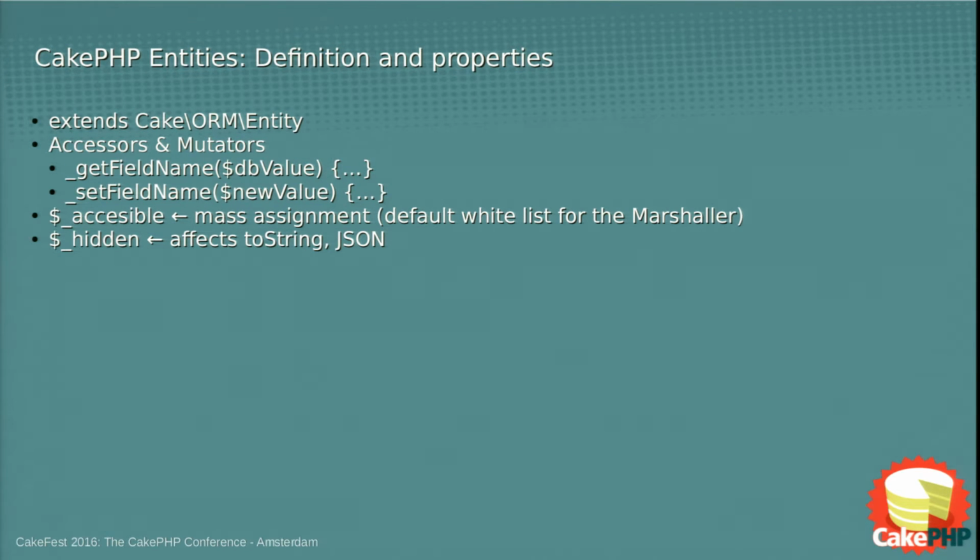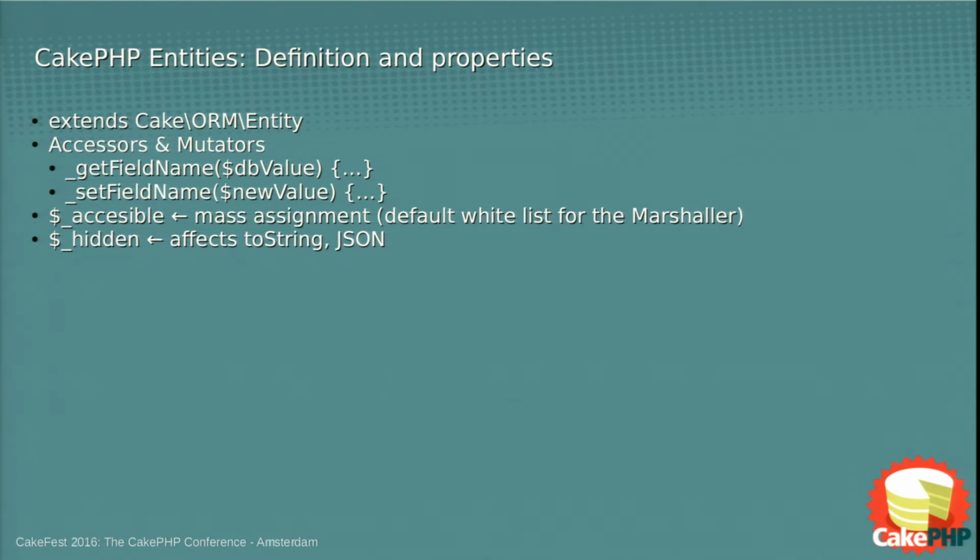If you're coming from Cake 2, you remember the save operation had a whitelist param that you should be using already. And the whitelist will allow you to only save the fields that you are expected to save.